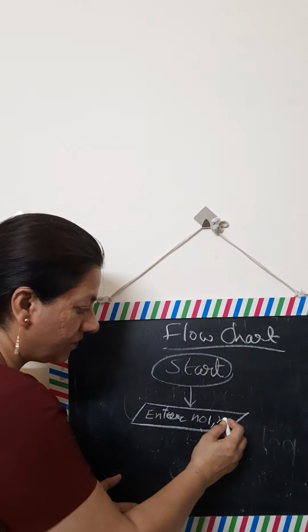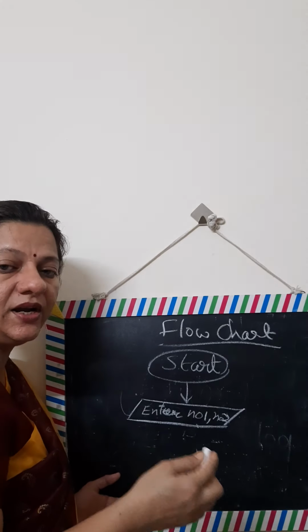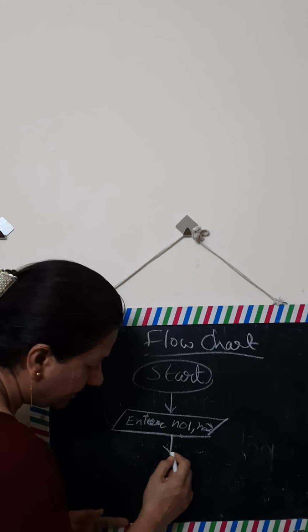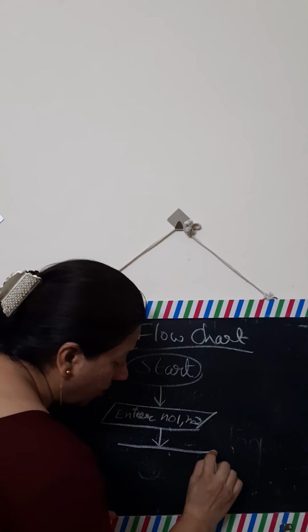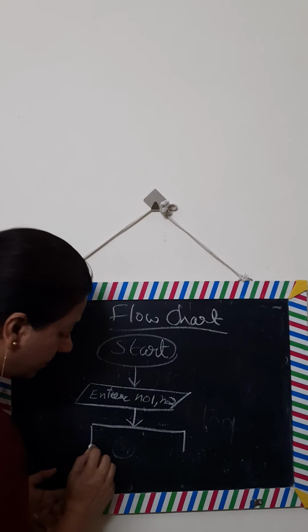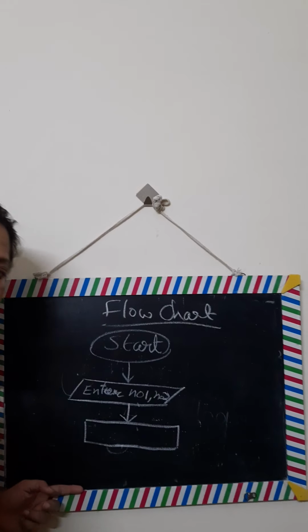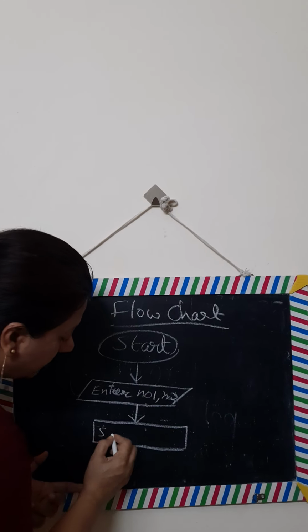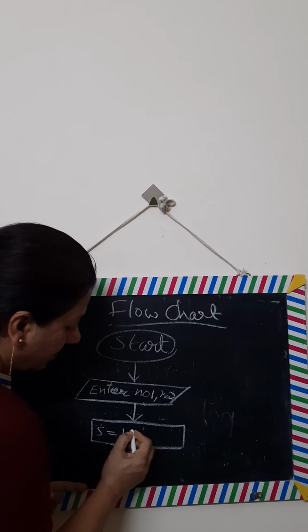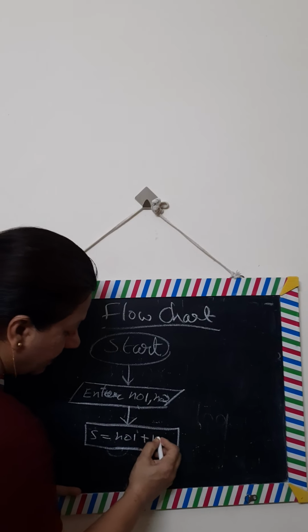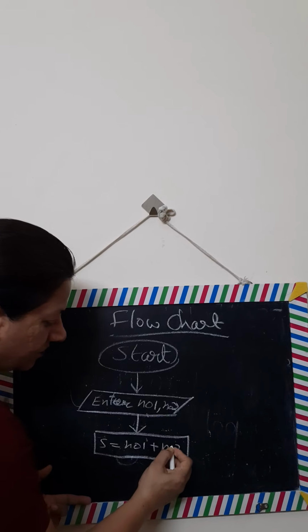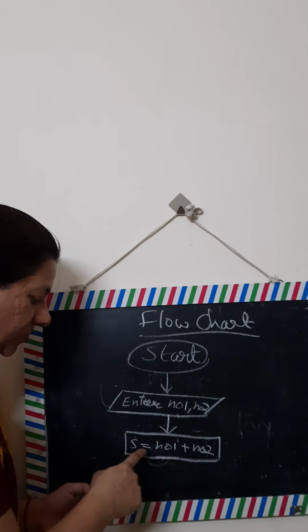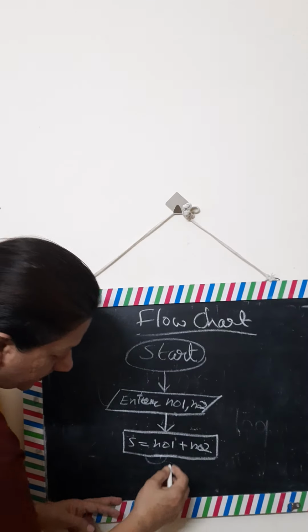Okay. Now once this number 1 and number 2 are given by the user, what is my next one? I need to do the computation. I told you arithmetic computations are done in a rectangle. So it is going to be like this. I'll say sum S is equal to number 1 plus number 2. Whatever was there in number 1 plus number 2 is going to be my sum. Okay.